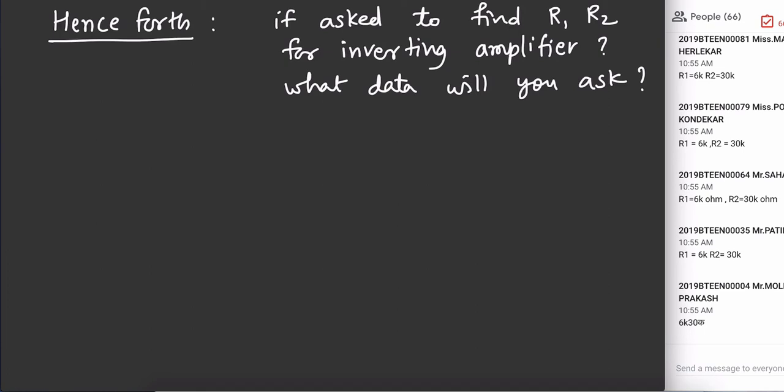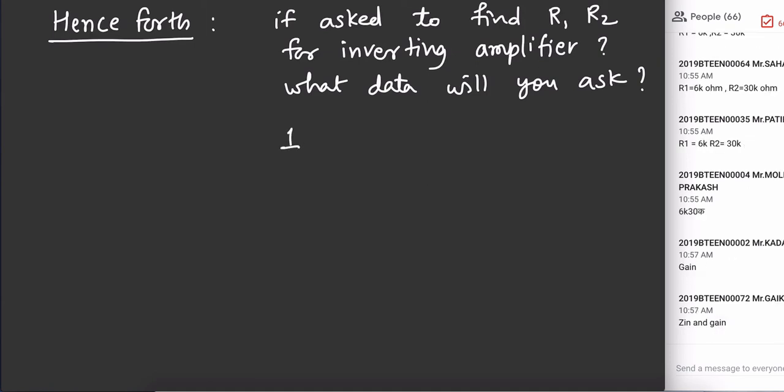You draw that, and he says find the values of R1 R2. Then what will you ask him? Which data will you ask? Number one is gain, and the second, important one, is Zin. Tell me how much input impedance you need, and accordingly I will find out R1 R2. Everybody understood this? So you will ask, tell me the gain and how much input impedance you want.